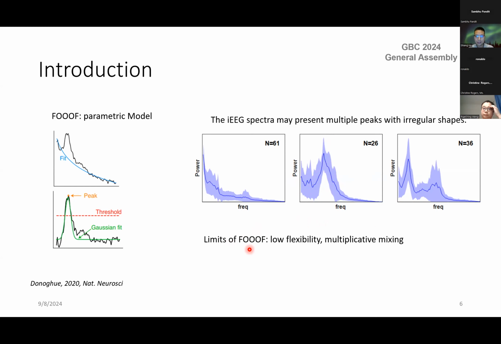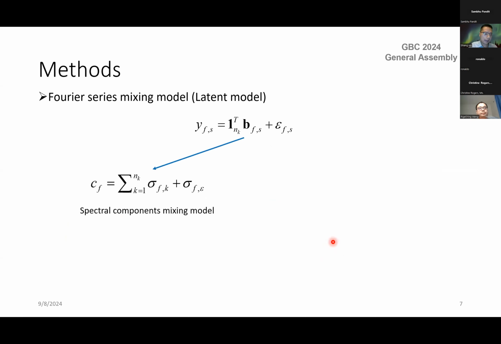So the limits of FOOOF may be low flexibility, and also because its decomposition in the log scale is actually equivalent to multiplicative mixing. So we are trying to give a more natural model following the natural shape characteristics and its mixing phenomenon, a non-parametric model. Okay.